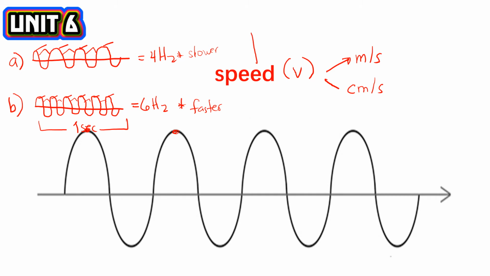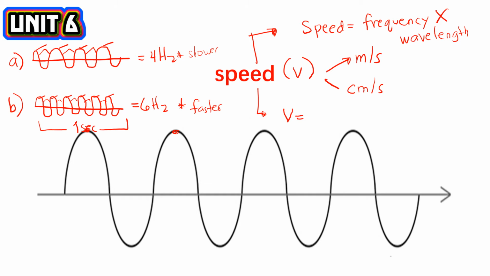That's why we can express speed this way: speed is equal to frequency multiplied by wavelength. This is the formula we use if we want to know the speed of a wave.